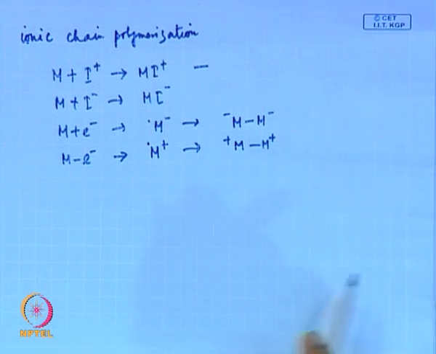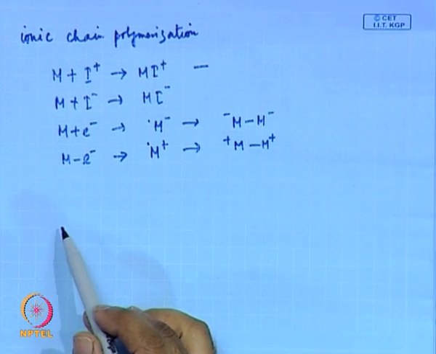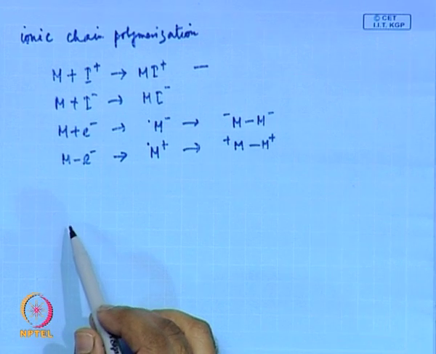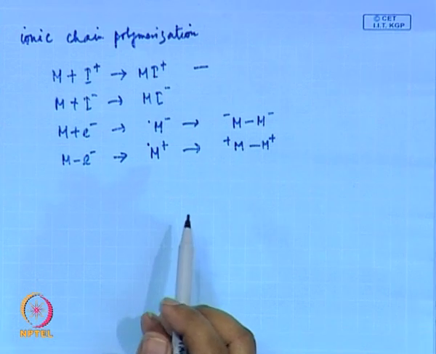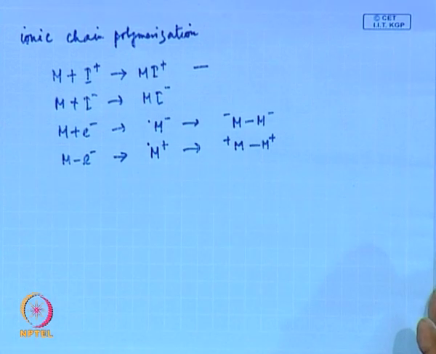Now, like radical chain polymerization, these ionic chain polymerization reactions are not very popular commercially. There are two main reasons why they are not so utilized commercially. One is the stringent requirement of polymerization: in the case of ionic polymerization, it requires very stringent conditions which are difficult to achieve on a large industrial scale.